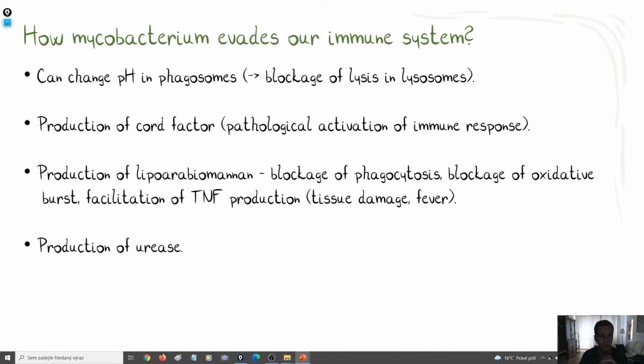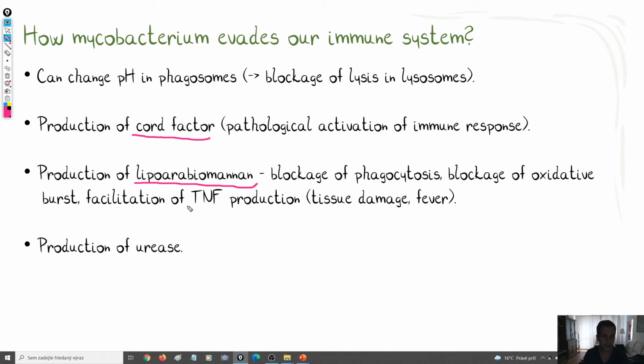It also produces something called cord factor. Cord factor is a substance that can pathologically activate our immune response. TBC also produces lipoarabinomannan, which can block phagocytosis, and it can also block oxidative burst. So the bacteria that are engulfed cannot be digested.